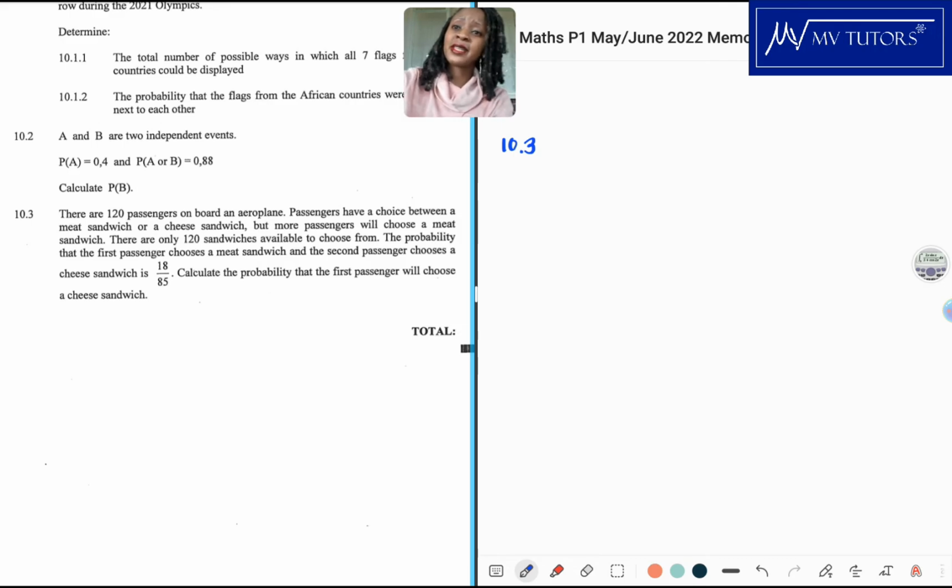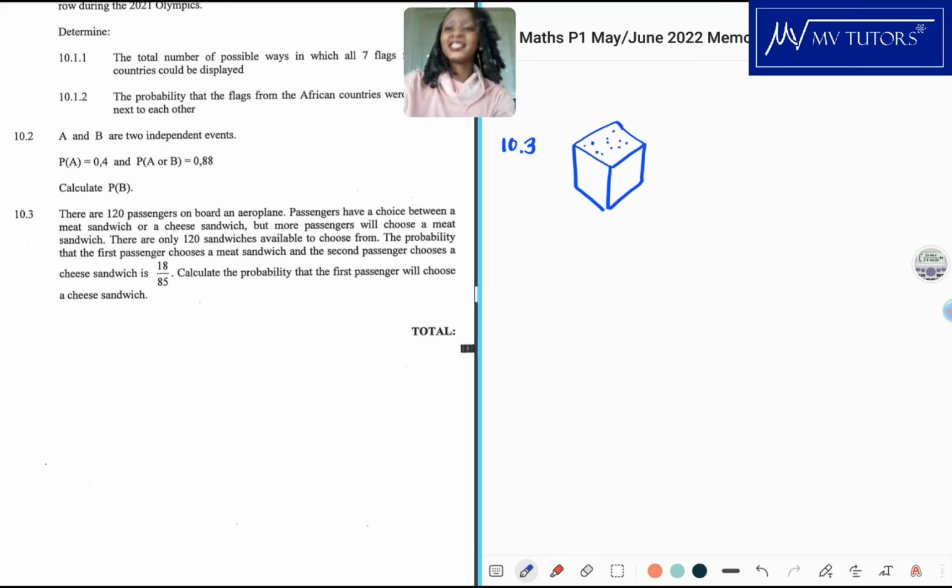Let's say you have a hostess who has a box full of all these sandwiches, the 120, and she's walking around carrying them and offering them to people: would you like cheese, would you like meat? As soon as one goes out, you're left with 119, and that's why these events are dependent on each other. The next probability is dependent on the sandwich that was taken out before, so I will go with the tree diagram.